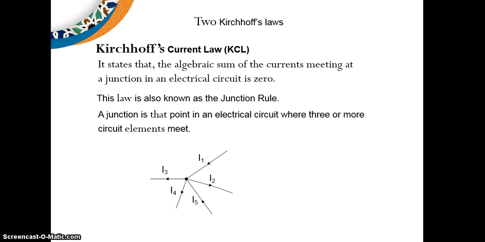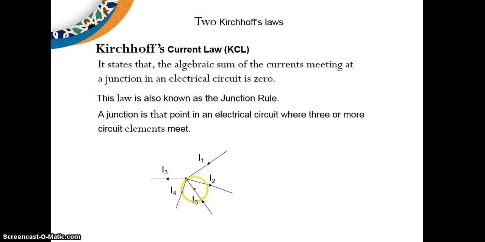So, suppose we have a junction. See, for example, this is our circuit. This circuit has a junction and 1, 2, 3, 4, 5 branches are meeting at this position. Kirchoff's current law is also known as the junction rule. Junction means a point where two or more branches of a circuit or two or more circuit elements meet.